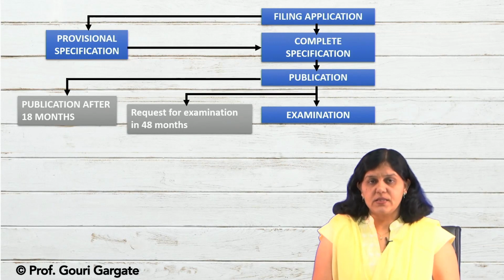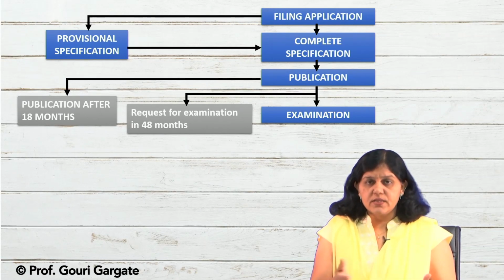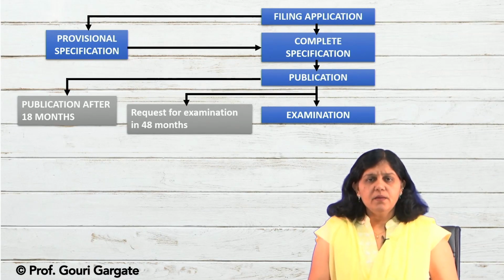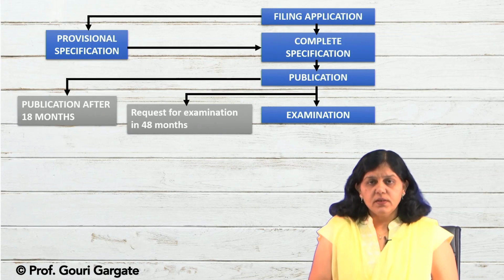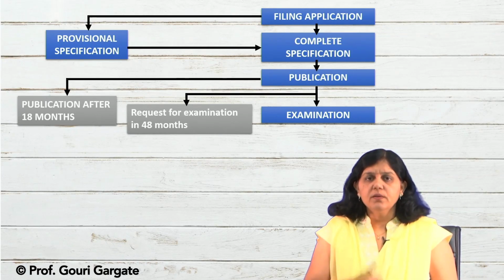file the request. Here again, the same rules: the applicant should fill the requisite form, draw a check with whatever the statutory fee is, and then file the request for examination. On behalf of the applicant, anybody can just visit the patent office, submit the form, give the check, and they will receive the receipt from the patent office.